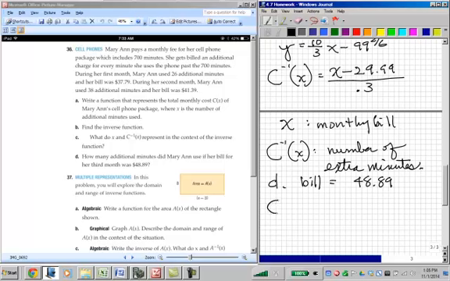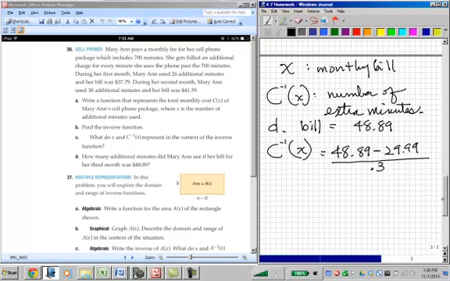The inverse function, which is the number of additional minutes, equals the monthly bill, which is x, $48.89 minus $29.99 divided by 0.3. Now remember, we're converting money to number of minutes. So this inverse of x is the number of extra minutes.